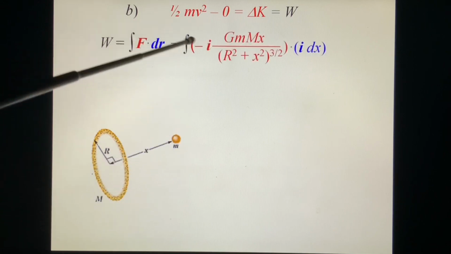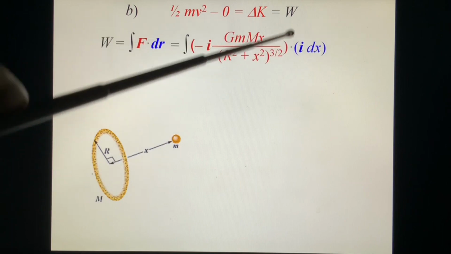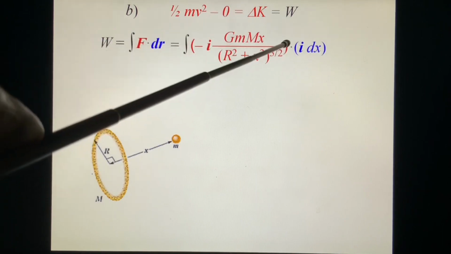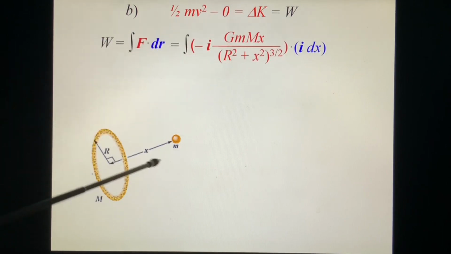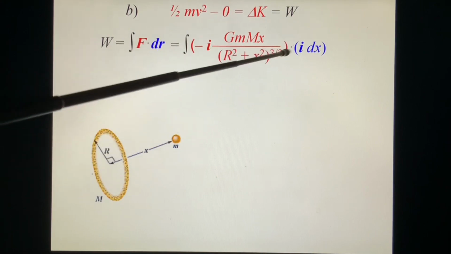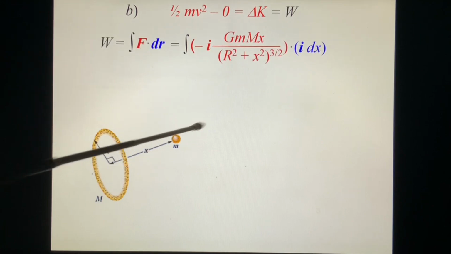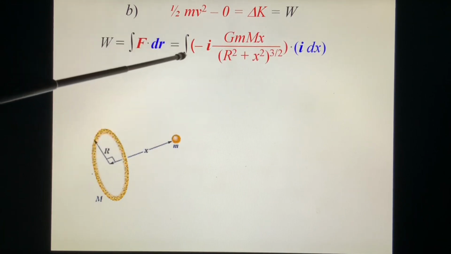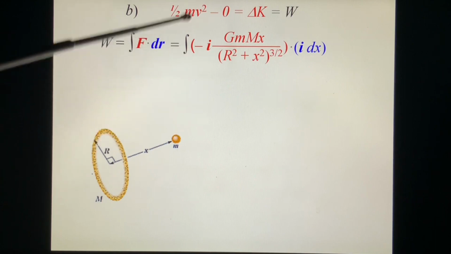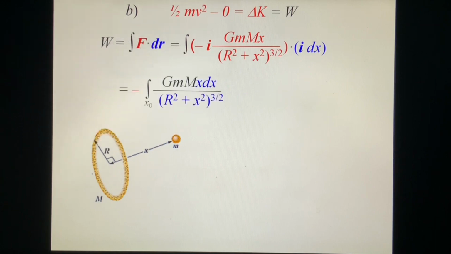So the F is this one, Fx, we just sketched. The dr is along dx. This is negative. This is dr all along this one, okay? Integration from where to where? From x0 to 0, okay?